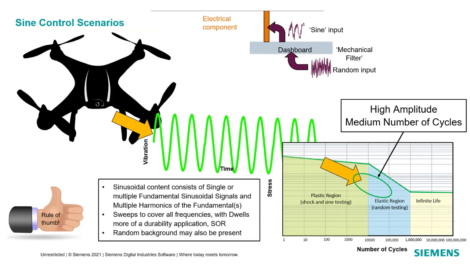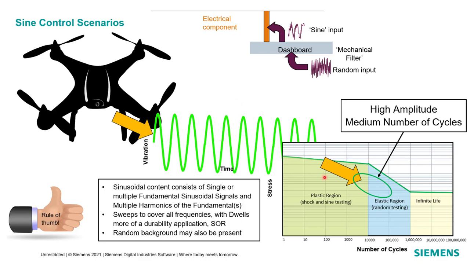Regarding sine control and the scenarios where it's most applicable, this is where the dominant type of signal is more sinusoidal in content. Let's say helicopters, rotating machinery type equipment, and the components associated with those structures, that's where you might consider sine vibration control.